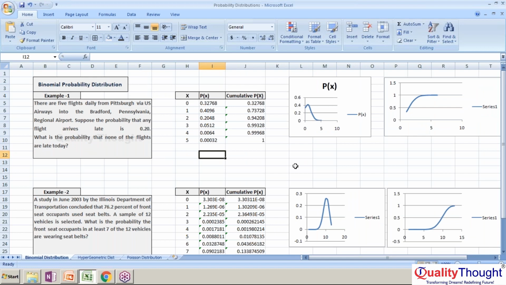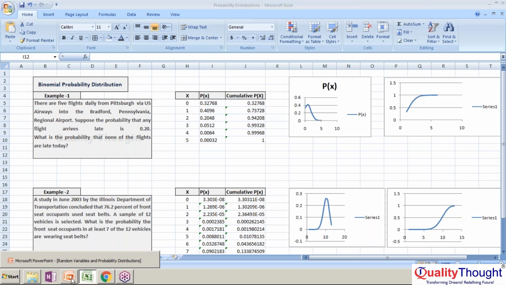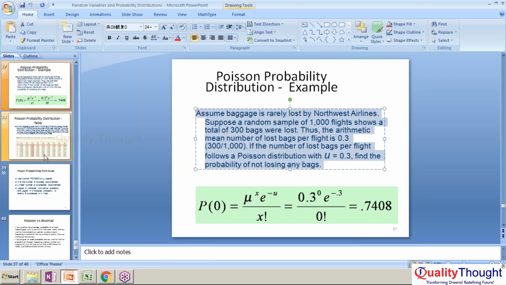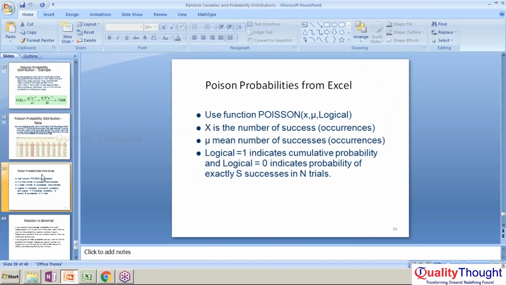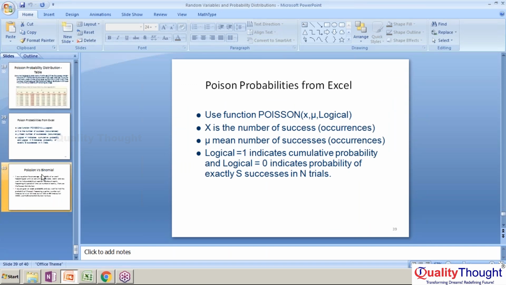So this is all what we wanted to cover today. Before I end the session, I just wanted to highlight only one thing today. How do you identify between the Poisson distribution and the binomial distribution?